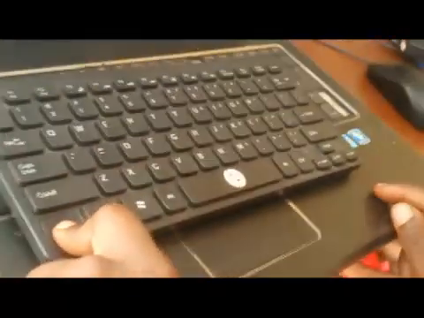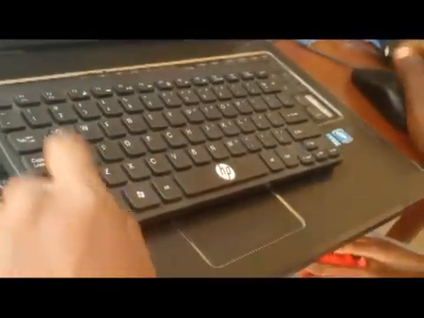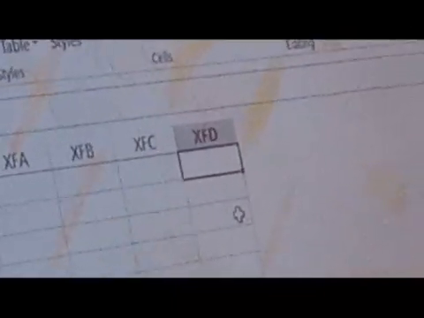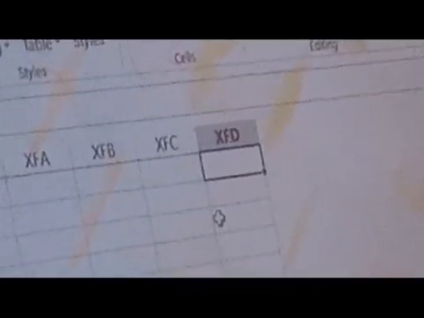Okay, so you now go to the end of the column by holding down your Control key on the keyboard and pressing the right directional key, the right arrow key. All right, now we get to the end. So with this, we can prove how the column terminates exactly at XFD.